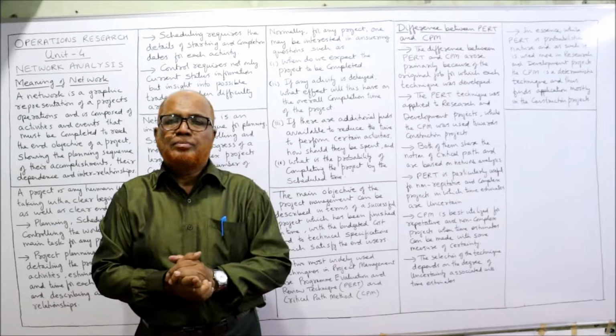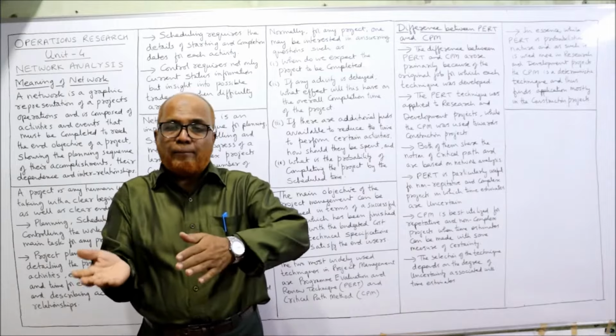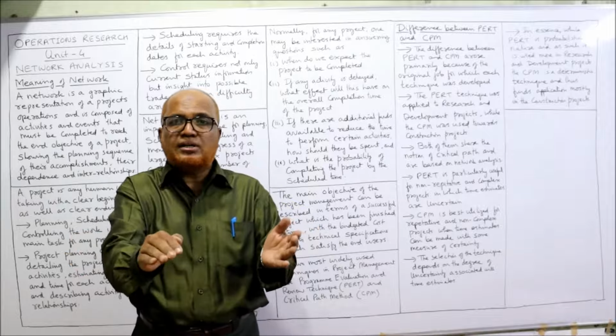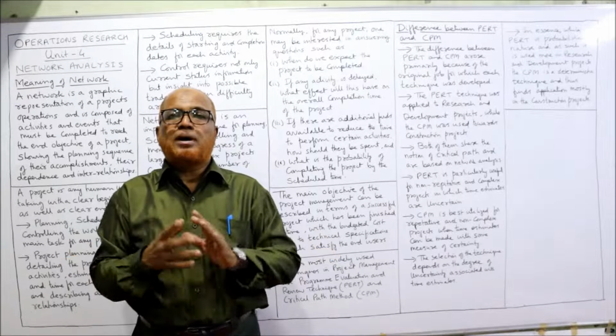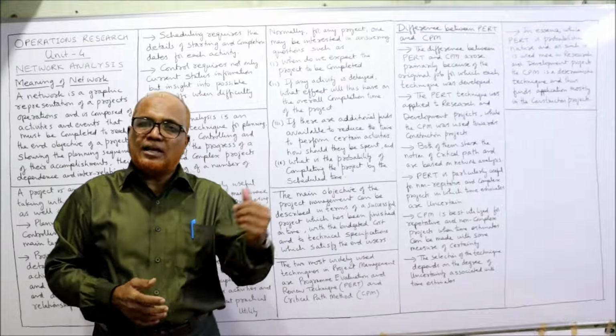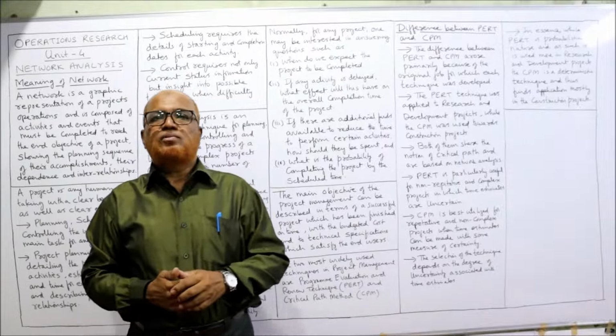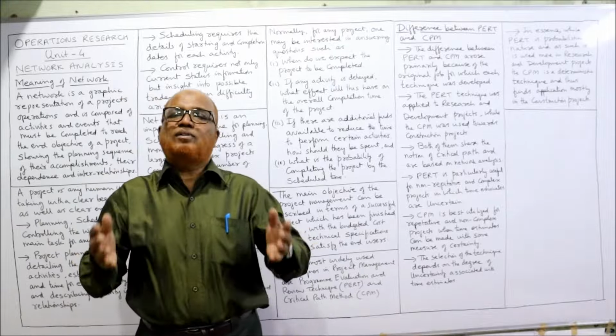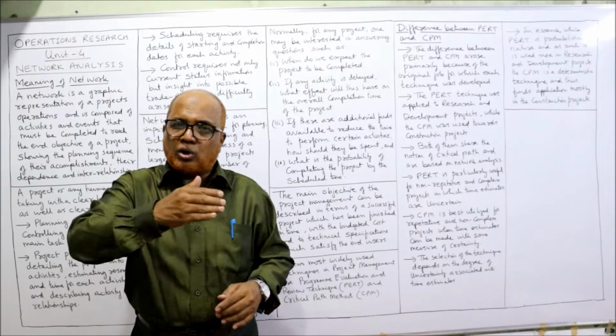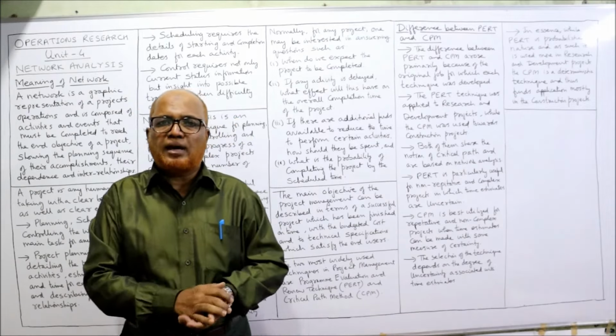Is it feasible to apply additional resources to reduce the time or not? The project manager has to decide. In that case, network analysis helps in deciding whether we should crash the activity or do the activity in normal time.